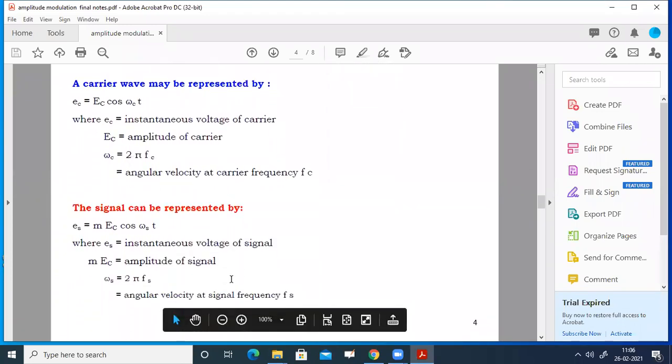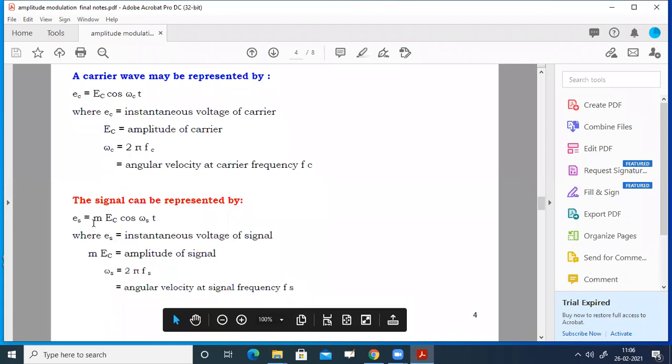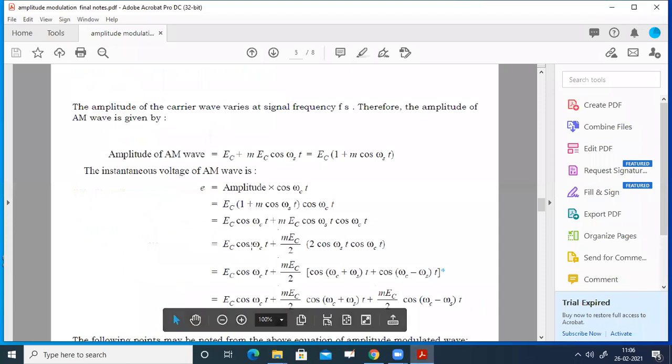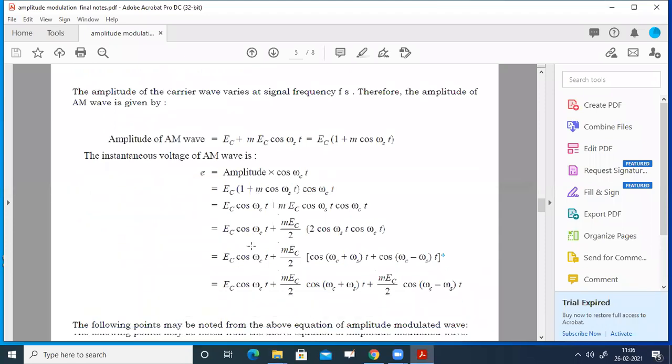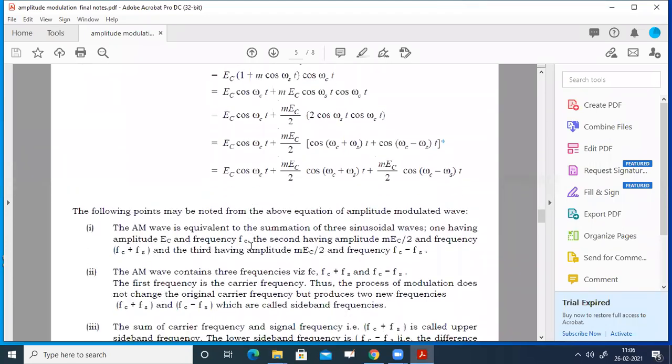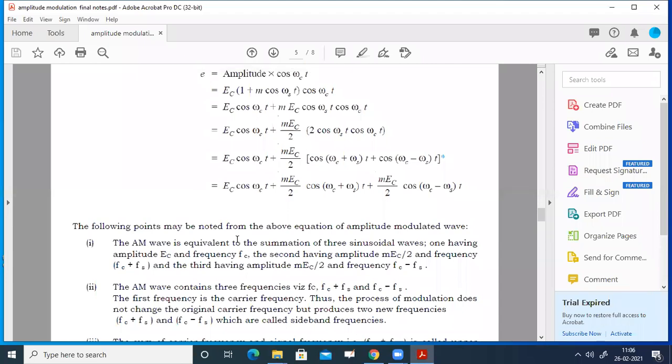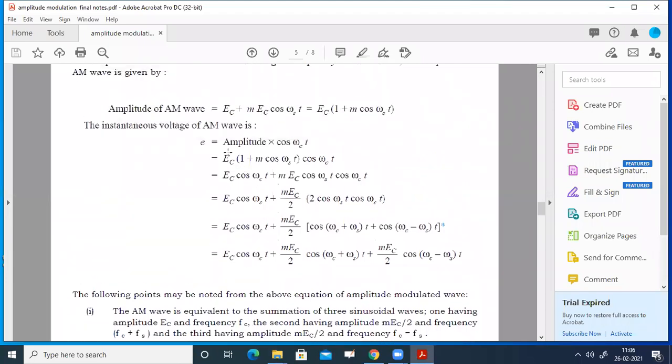The signal may be represented by m Ec cos(omega s t), where small m is the modulation factor and omega s is your signal frequency. The final equation is Ec (1 plus m cos omega s t) times cos omega c t. C for carrier and S for signal.